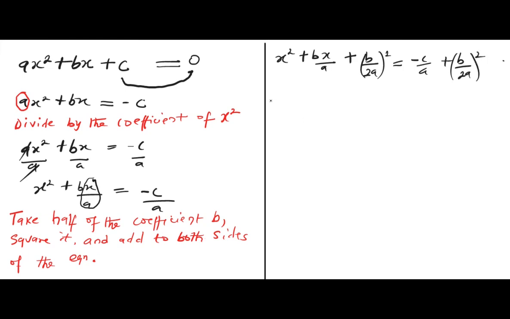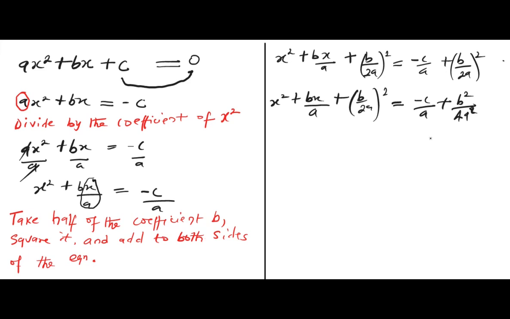So we're going to have x squared plus bx divided by a plus b over 2a all squared equals negative c over a plus b squared divided by 2a squared, which is 4a squared. So you're going to have something like this.